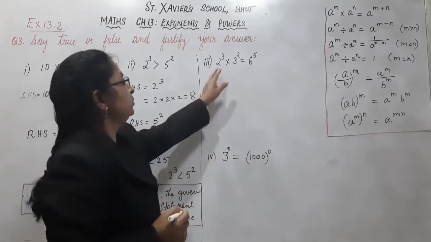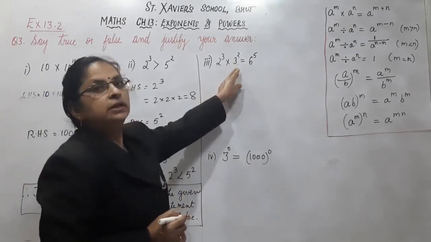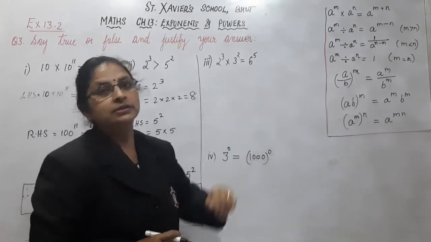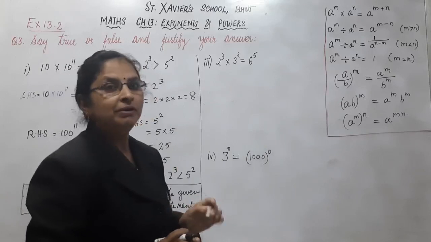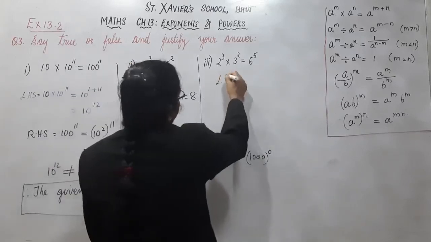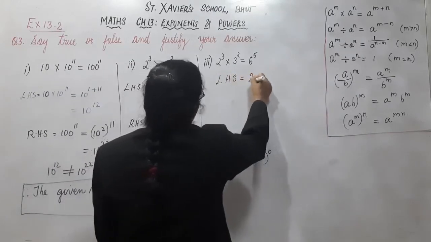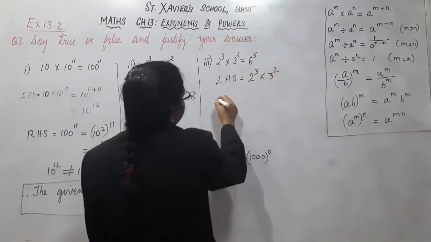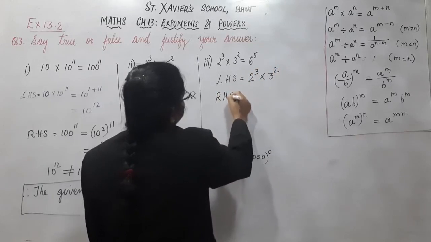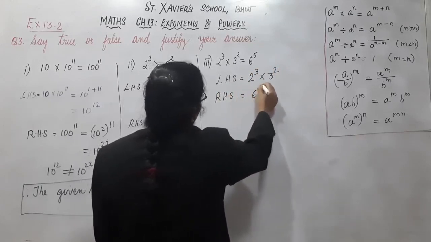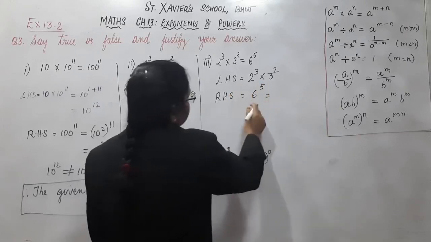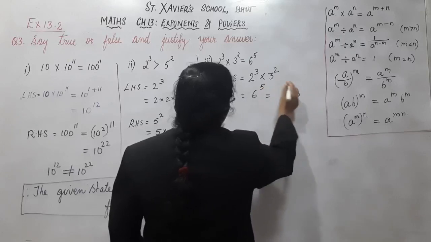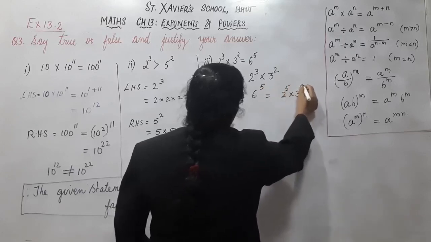Third question, 2 cube into 3 square is equal to 6 raised to 5. If we go on finding the answer, then it will be a long step. A simple way: write LHS. LHS is equal to 2 cube into 3 square. Now what about RHS? RHS is equal to 6 raised to 5, which can be written as, what are the factors of 6? 2 into 3, and distribute the power to both the terms.